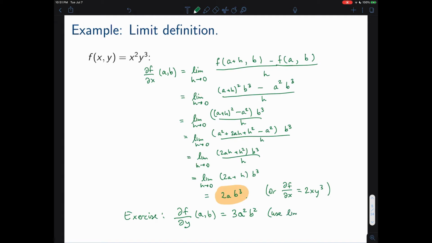And in this exercise, if you really want to do it, you should use the limit definition. We'll soon see some very short and quick ways to find this, but if you want to give yourself a small challenge, try using the limit definition.